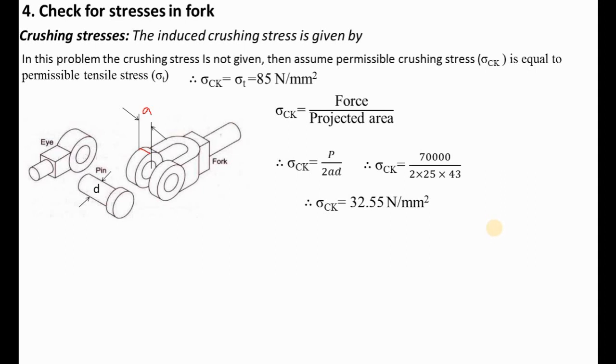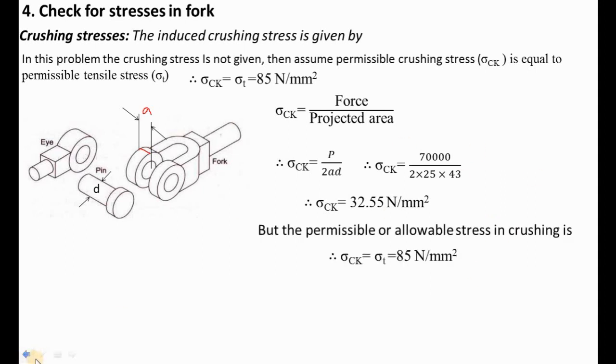As per the calculation, we can see that the induced crushing stress is less than the permissible one. The permissible one is 85 and the induced one is 32.55. So for the dimensions we have designed, that is the thickness 25 mm and diameter of pin 43 mm, these dimensions are correct, because our design is safe.